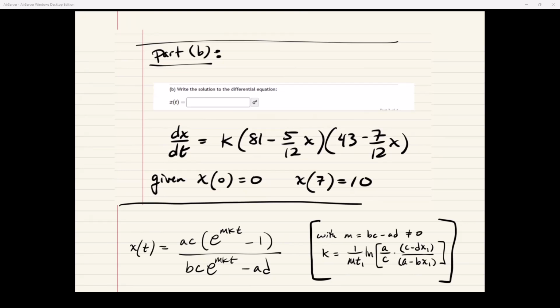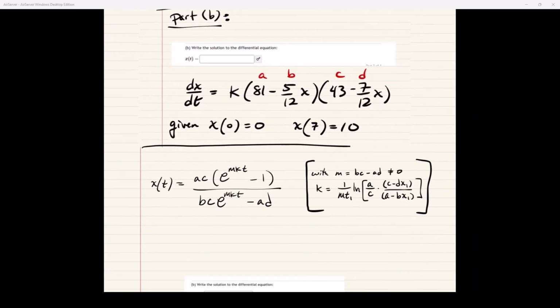So in other words, in this case, this is the A, here's B, this is C, and that's D. So we could say we have A is 81, we have the B is positive 5 over 12, we have a C value of 43, and we have a D value of 7 over 12.